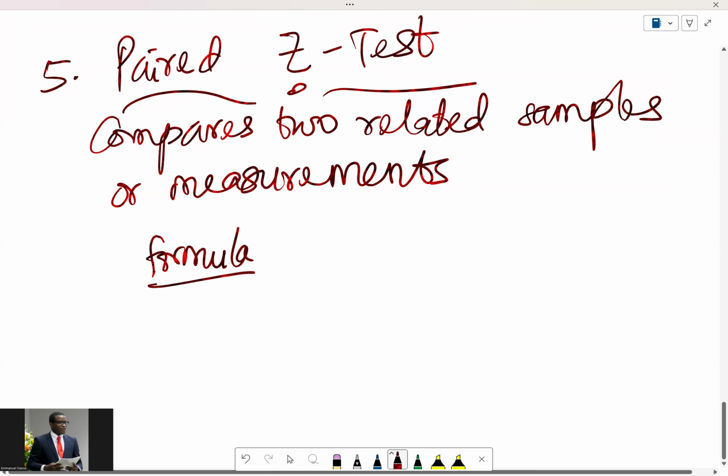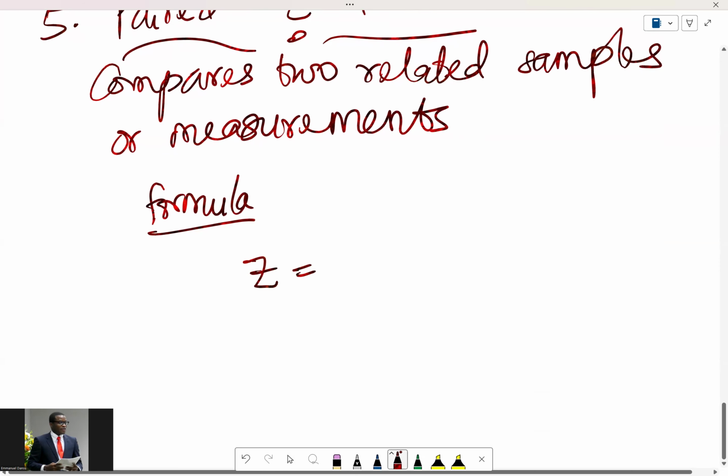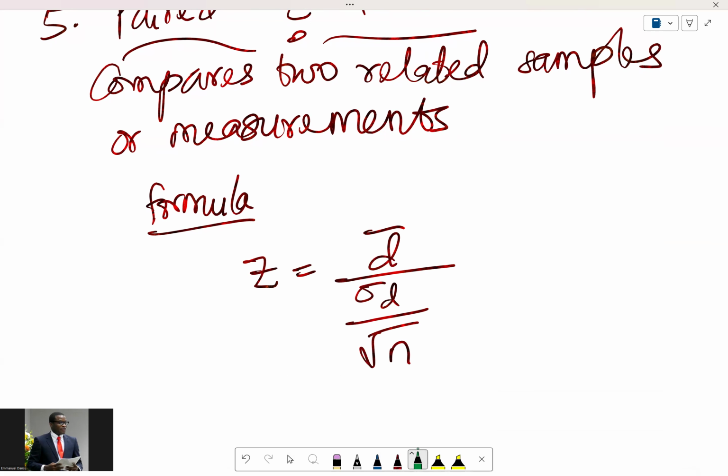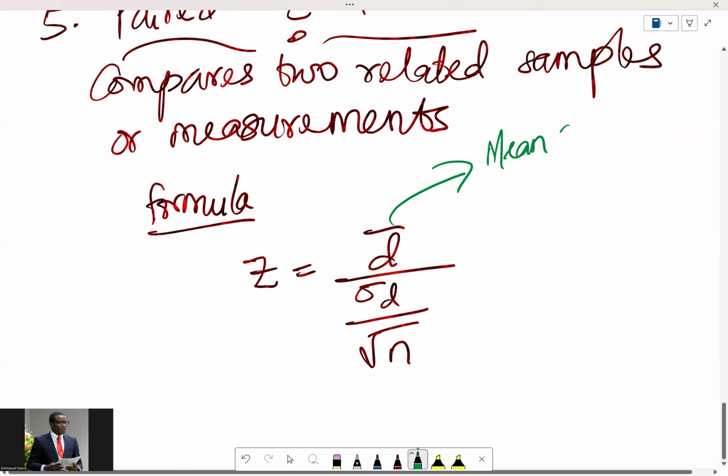So the formula is this: Z equals D bar divided by sigma D over the square root of n. To tell the parts apart, D bar is the mean of the differences between the paired observations.